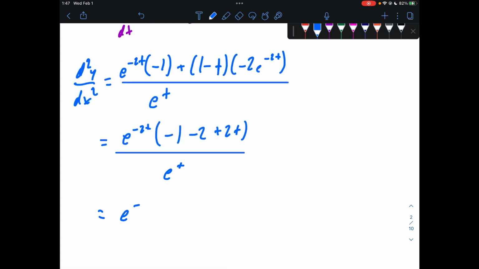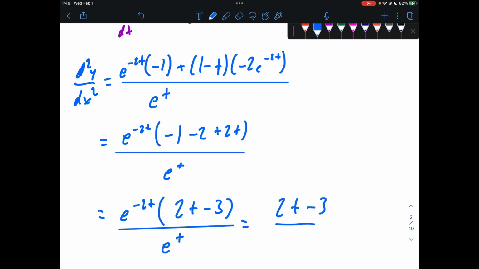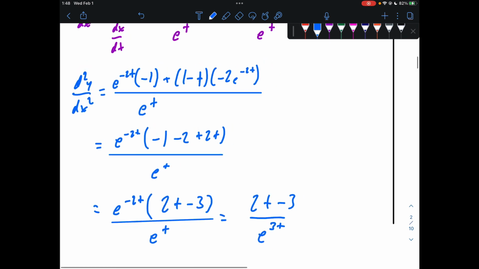So that's e to the negative 2t, 2t minus 3 over e to the t. And I can bring that to the denominator and make this 2t minus 3 over e to the 3t. Get rid of that negative exponent.